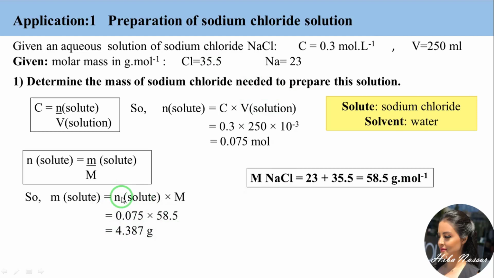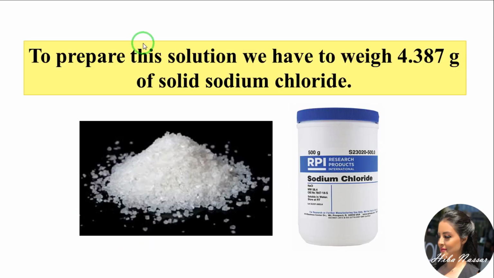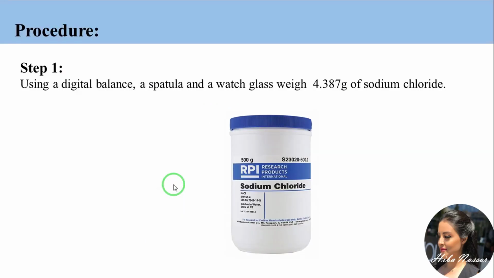The number of mole, which is calculated above, 0.075 mole, times the molar mass of sodium chloride. So we got that the mass of sodium chloride here is equal to 4.387 gram. So we can deduce that in order to prepare this solution, we have to weigh 4.387 gram of solid sodium chloride.